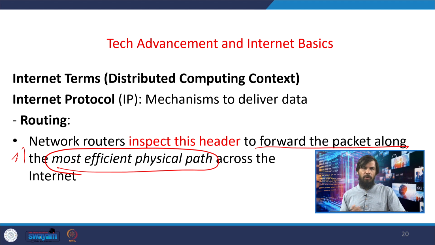To give that good experience, it is important that the packets routed through the network follow the most efficient physical path. So, one role of the internet protocol in routing is to figure out the most speedy or efficient physical path for the packets to reach the destination. This is another important element of the internet protocol.